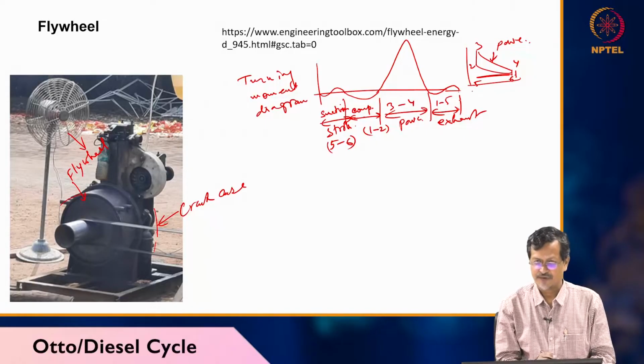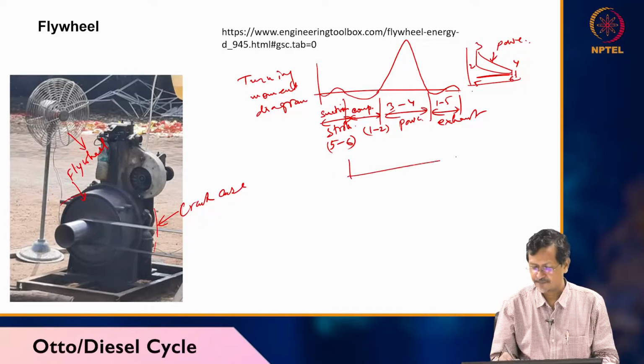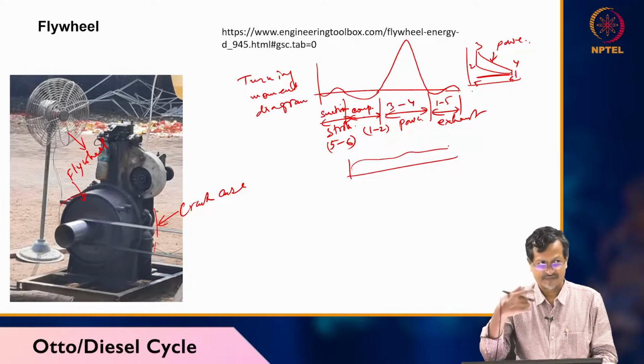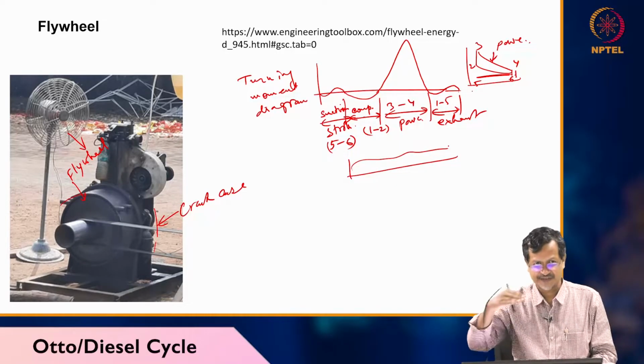That power may not be useful for your car application, motorcycle, anywhere, right? So you have to smooth it. If I get a turning moment like this, it will be very good, but practically it's not possible. So engineers or scientists thought, let's put in a flywheel. The flywheel will smooth the power.